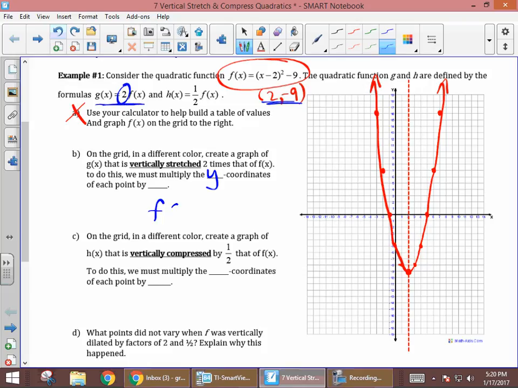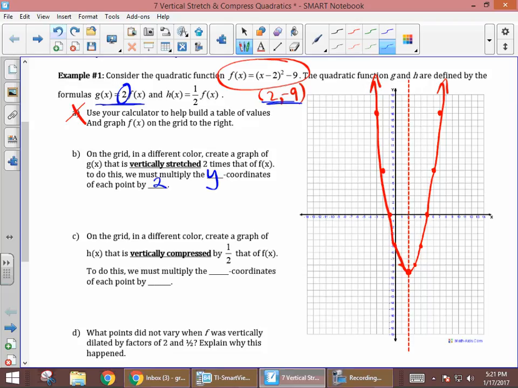If it were inside, it would be something like that. That 2 is outside of the given function f of x. So with it being outside, it will only change the y values, and they will be twice as far away from the x-axis as they originally were. So take each point and multiply by 2.